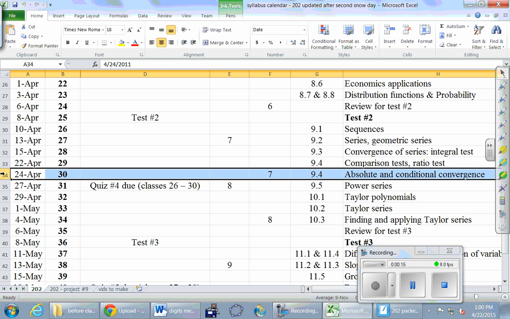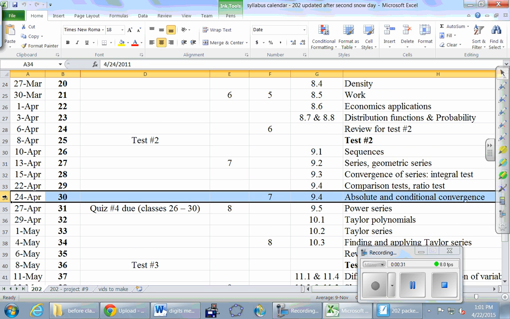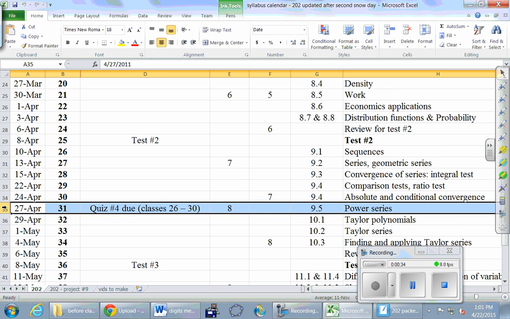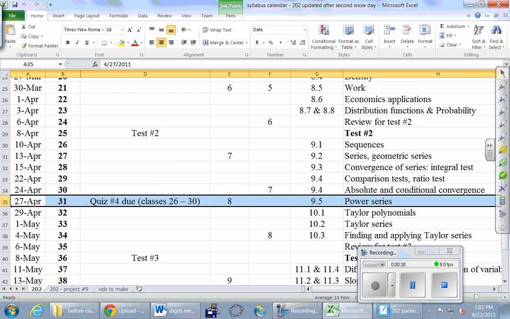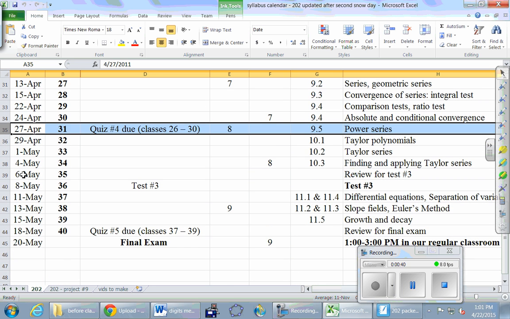Coming up on Friday, project number 8 is due. Questions on the calendar? Project 7 is due. Any questions on the calendar? So we have test 3. We have a quiz that is due on the 27th, which is Monday. So I'll hand that out on Friday. Then it's test 3 and then the final.